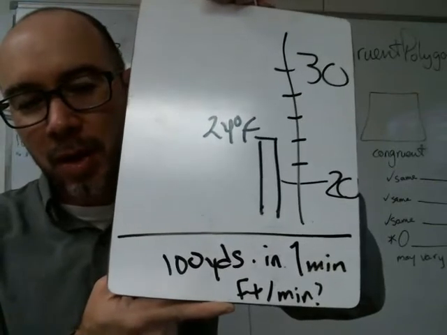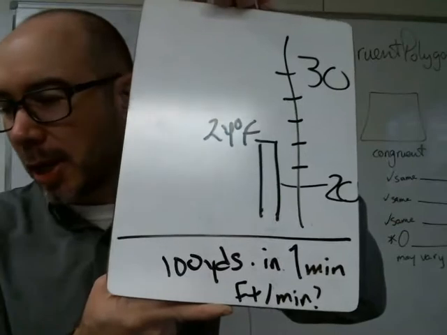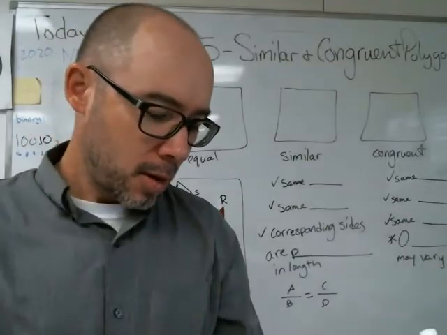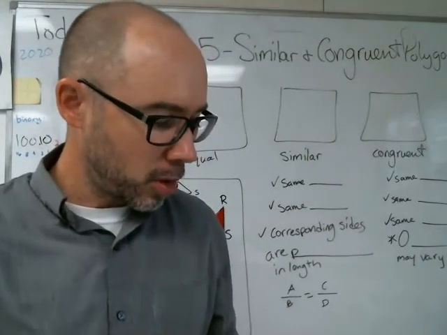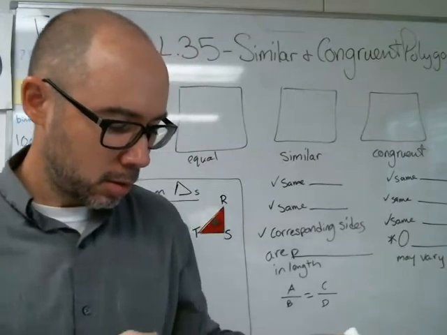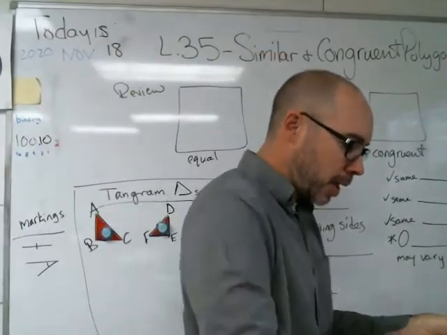How many feet are in 1 yard? 3. And so we're going to multiply that by 100. How many feet can she go in 1 minute? 300. 300 feet in 1 minute. Good job, Mei Ling.